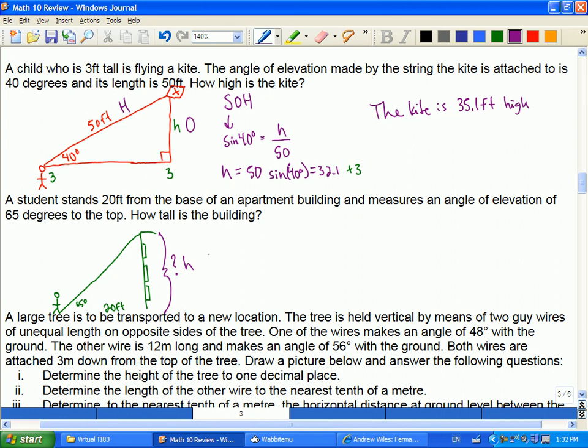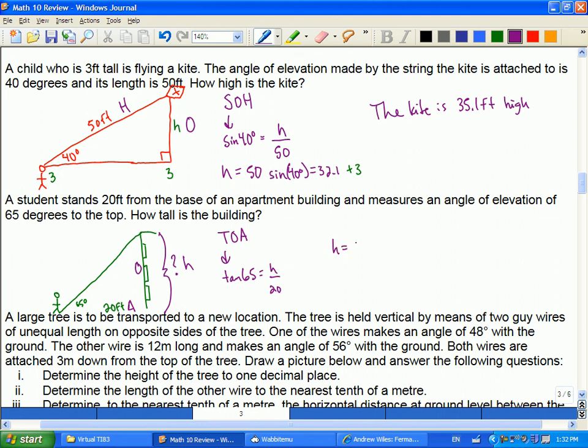So which ratio do I use this time? Opposite and adjacent is correct. This is the adjacent. This is the opposite side. So I'm going to use tan, and it's going to be opposite over adjacent.